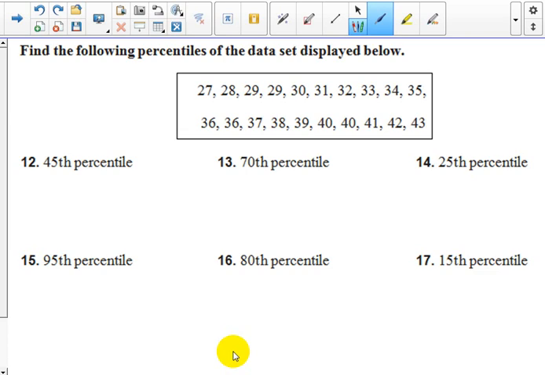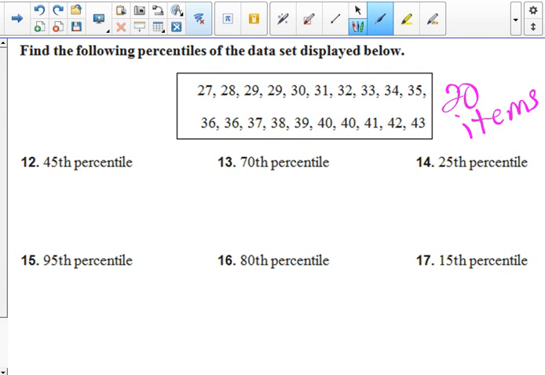So again, how many items do we have here? 1, 2, 3, 4, 5, 6, 7, 8, 9, 10, 11, 12, 13, 14, 15, 16, 17, 18, 19, 20. Again, there's 20 items. Make sure they're in order, and they are already in order.